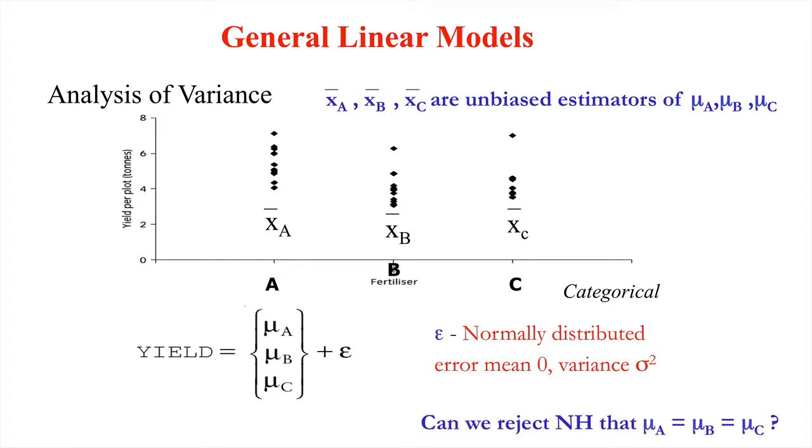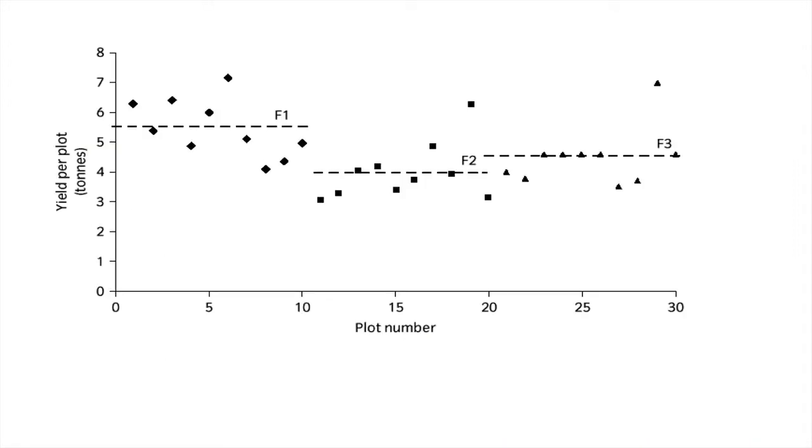The null hypothesis is that the population mean responses to these fertilizers A, B and C are all precisely the same. The alternative being that somewhere there is a difference in the yield according to one or more of the fertilizers.